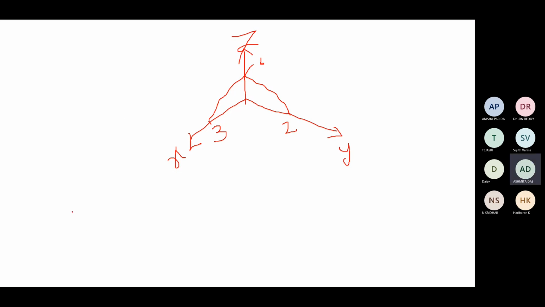I want to hear it step by step. So what will be the intercept, first step? Anyone who is comfortable, please help me to solve it. What will be the intercept value? 3, 2, 6.